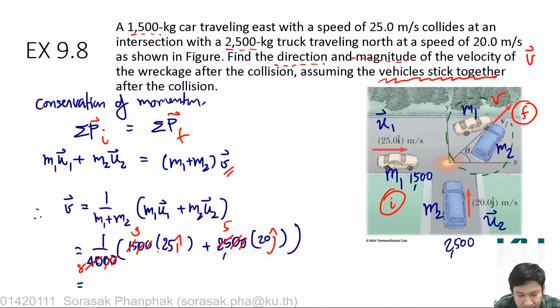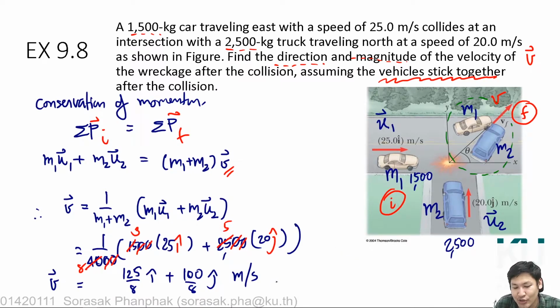So this is supposed to be 125 over 8 i, plus 100 over 8 j, in meters per second. This is your v.